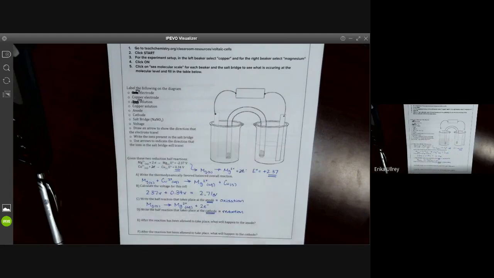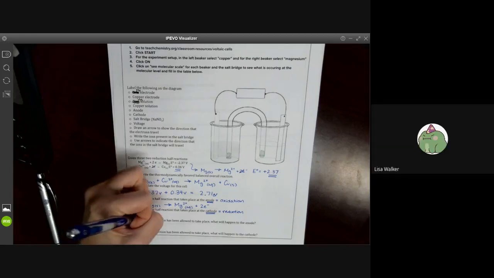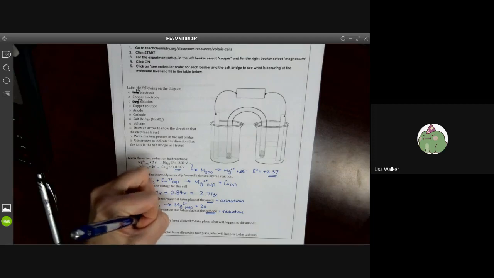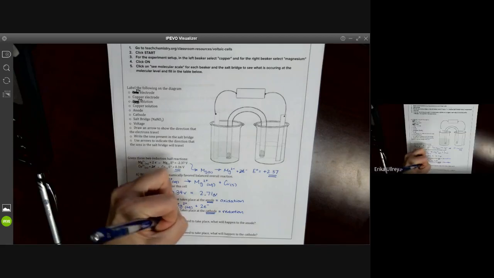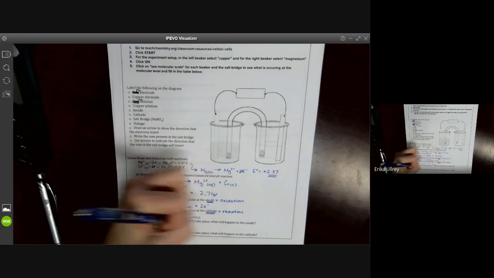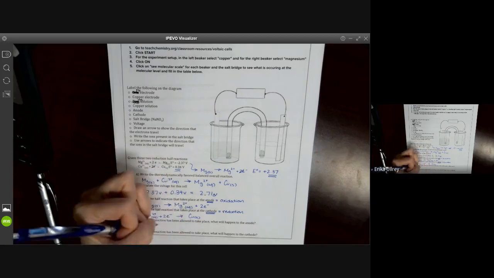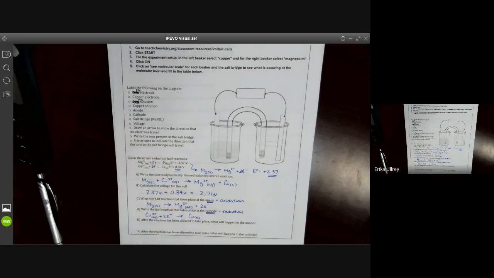And if we remember our little phrase, red cat, reduction at the cathode. So what is the half reaction that we're going to see here, Lisa? You're going to see Cu2+ plus 2 electrons equals copper. Yes. So we're going to have our copper ions reduced to copper solid.